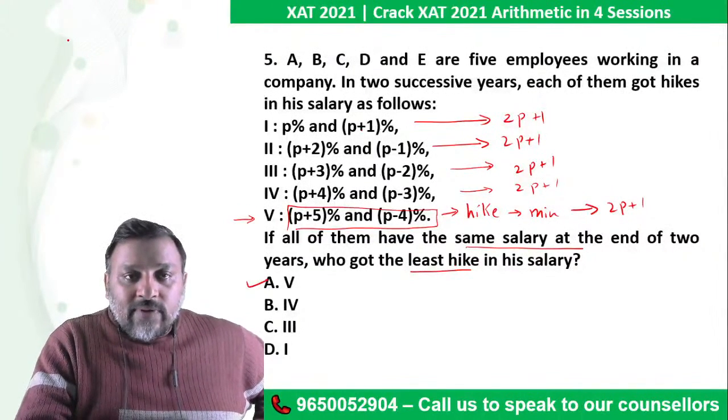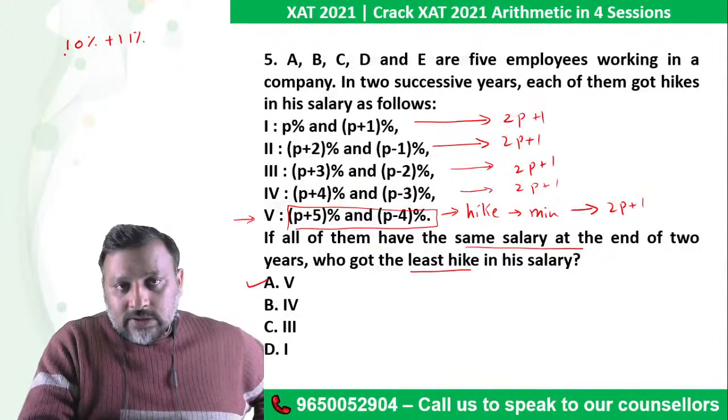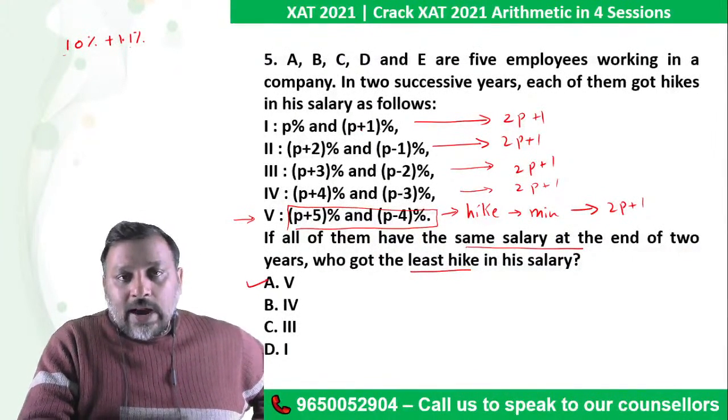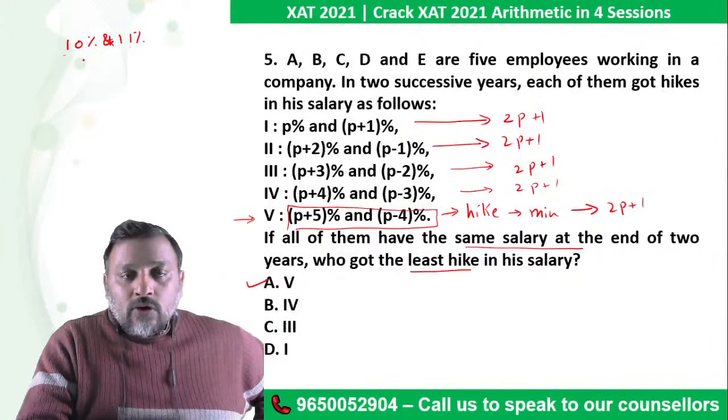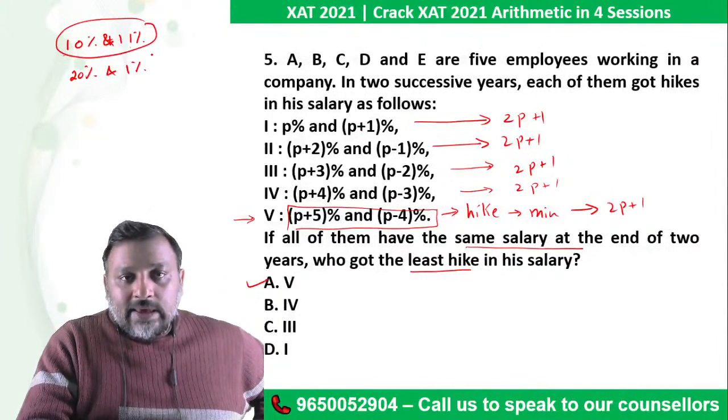Okay, so if I say, ऐसी दो वैल्यूज ले लो जिनका सम सेम है, 10% प्लस 11%. Okay, 10% and 11%. और एक केस ले लेते हैं, let us say 20% and 1%. So let us find the hike in these two cases.